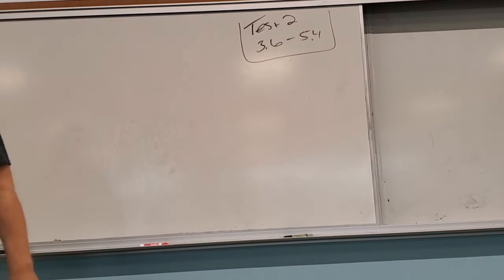So last time we finished section 5.3. Let me see if I want to show you. Here we go. This is where we're talking about end behavior in a larger context.